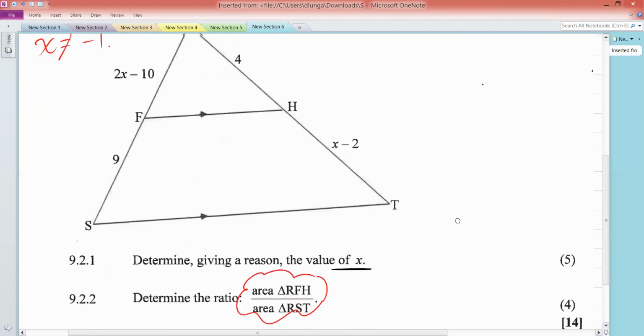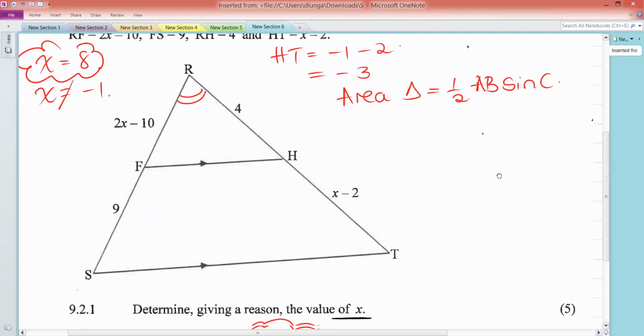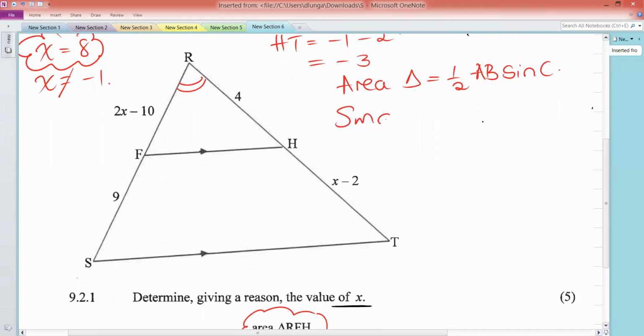Now onto this area. We're going to use the sine rule for area. Area of a triangle is equal to half ab sine C. Let's use R here, and then we're going to use the corresponding lengths. RFH, the smaller triangle at the top, divided by the bigger triangle at the bottom.